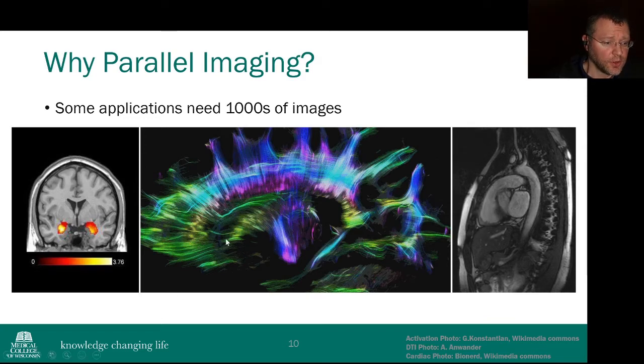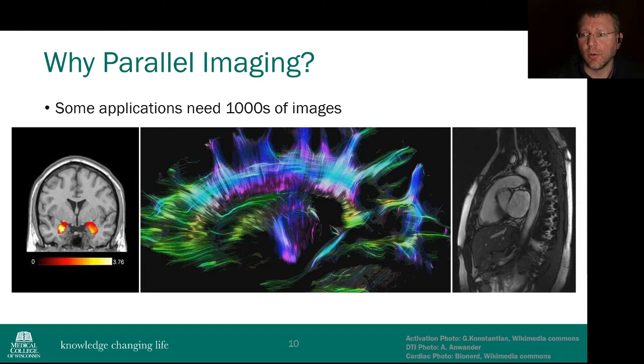For diffusion studies, these are the acquisitions that people are using to measure out the orientation of white matter throughout the brain. And the way you do that is you acquire images that are sensitized to diffusion in a whole bunch of different directions. Each image is sensitized to diffusion in a particular direction.